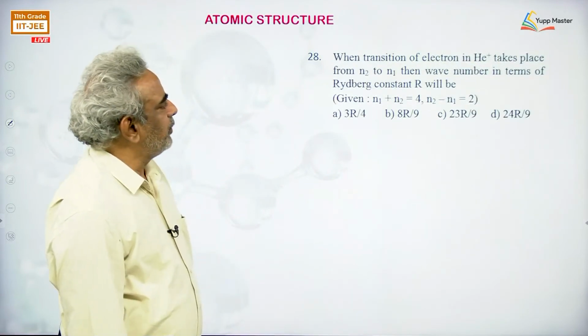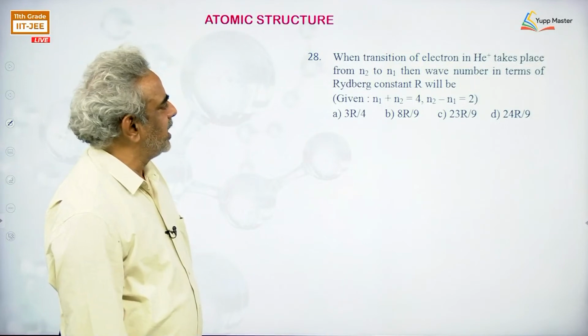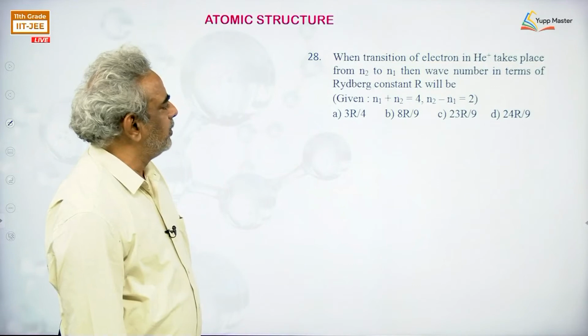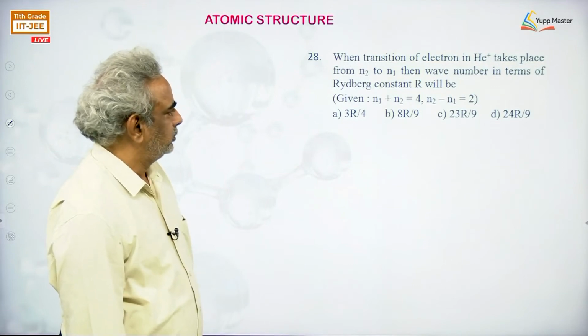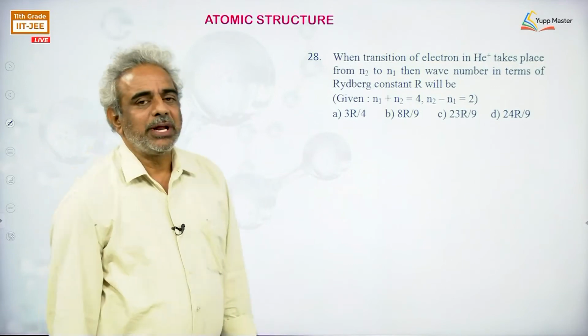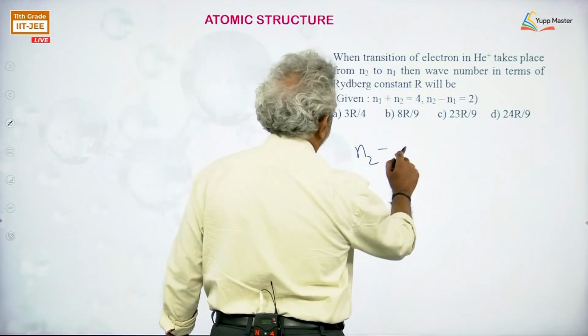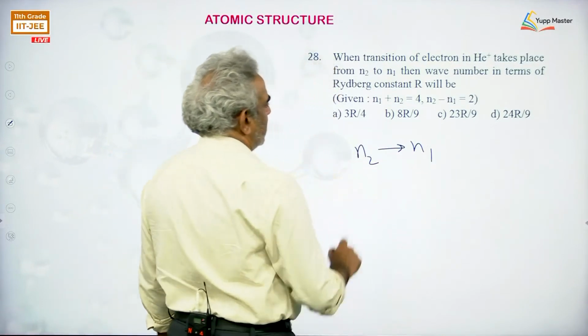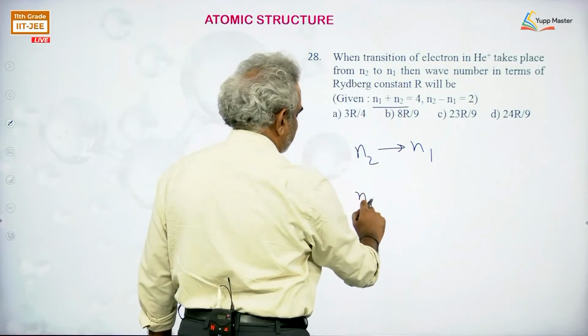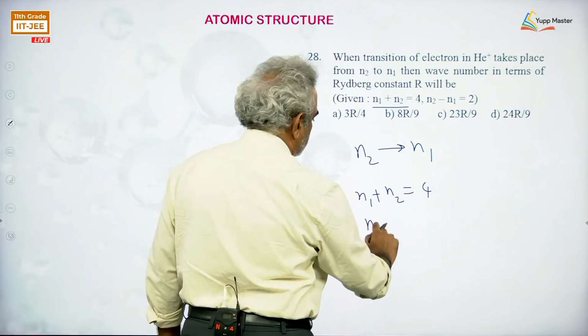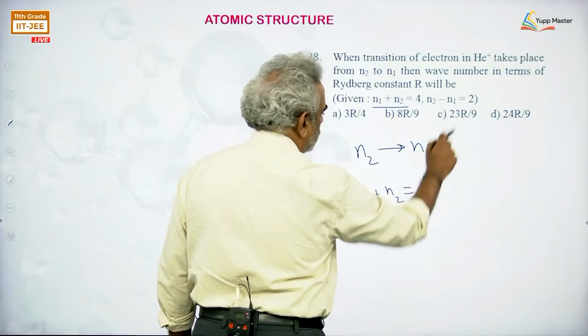When a transition of an electron in helium plus takes place from N2 to N1, then what is the wave number in terms of the Rydberg constant? So, there is a transition taking place from N2 to N1. He said N1 plus N2 is 4, and also N2 minus N1 is 2.